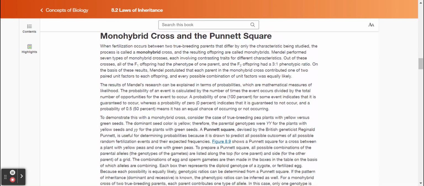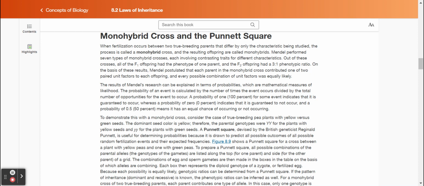Monohybrid cross and the Punnett square. When fertilization occurs between 2 true breeding parents that differ by only the characteristic being studied, the process is called a monohybrid cross, and the resulting offspring are called monohybrids. Mendel performed 7 types of monohybrid crosses, each involving contrasting traits for different characteristics.